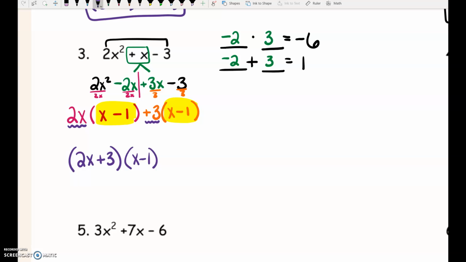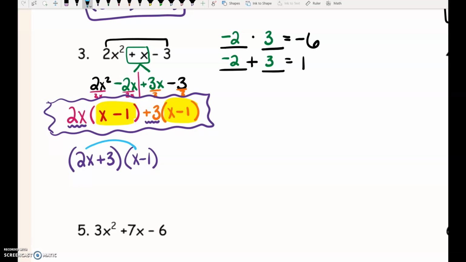This statement here, I'm going to squiggle it. This is the distributive property fully written out. If I gave you 2x plus 3 times x minus 1 and said multiply this, you would do 2x times x and 2x times x minus 1.